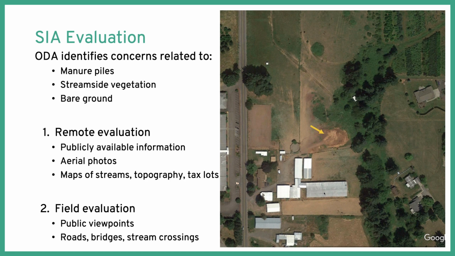And when I say things like likely and may have, it's because we do not determine compliance unless we're actually on site. We follow this remote evaluation up with a field evaluation from roads, public viewpoints, to try to confirm or actually change the classification we provided at the remote.